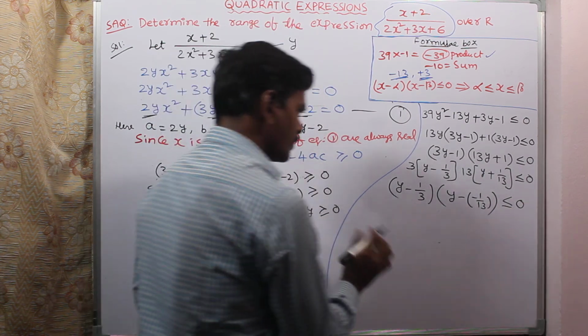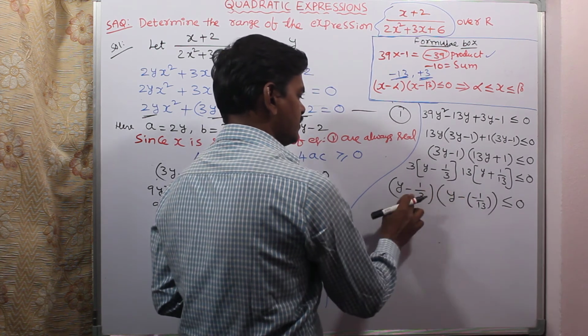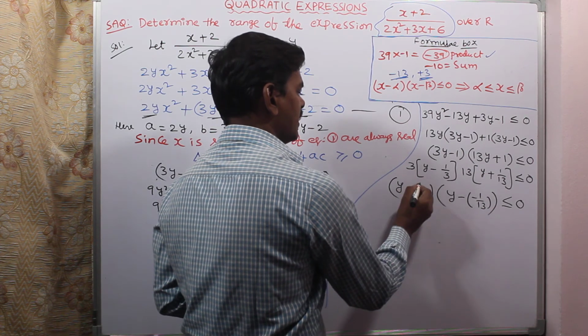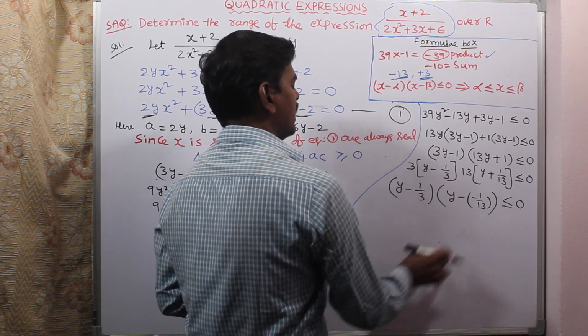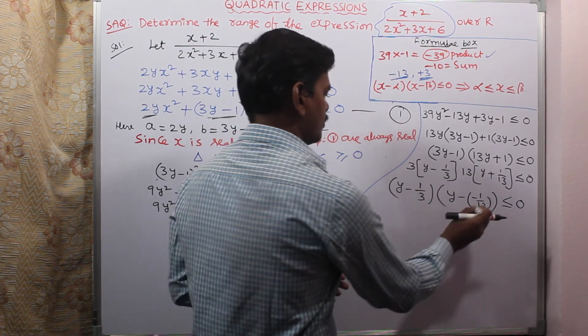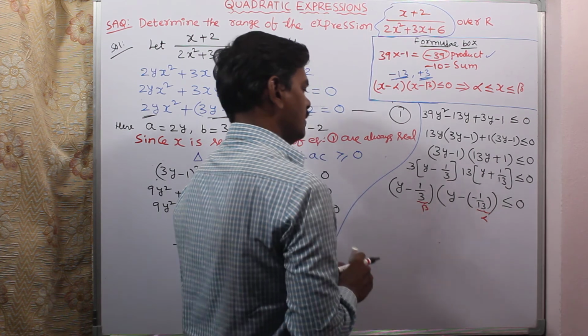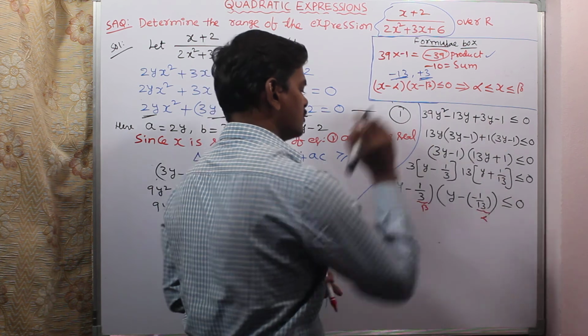Now in both places we got the negative sign. After the negative sign, the numbers are minus 1 by 13 and 1 by 3. Of these two values, the smaller one is alpha, so this one is alpha and this one becomes beta. Now it is in the form of x minus alpha into x minus beta less than or equal to 0.